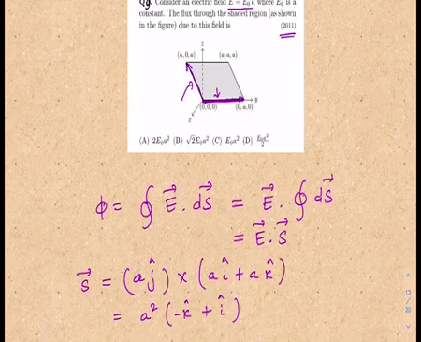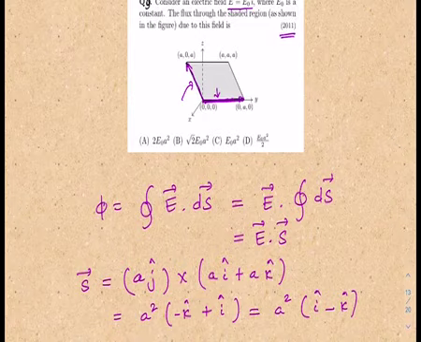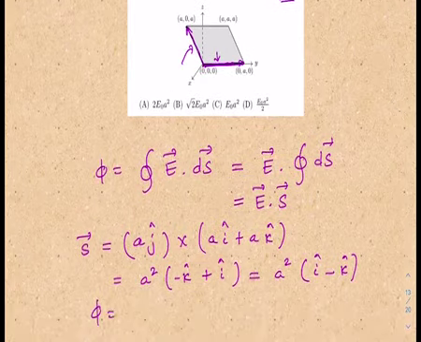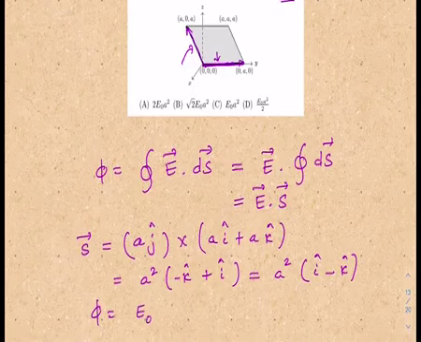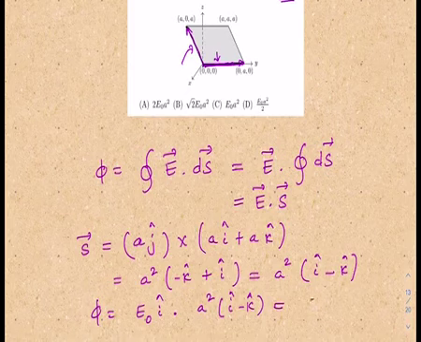So this is what you will have: A square times i cap minus k cap. So flux would be E dot S, E0 i cap dot A square times i cap minus k cap. It's very simple. You will have simply E0 A square.